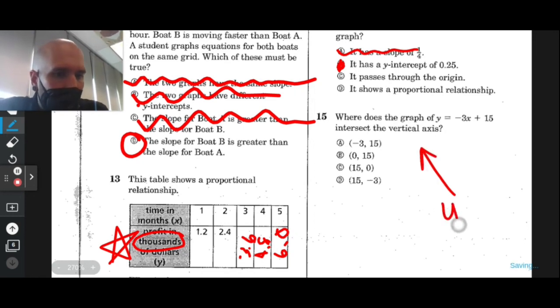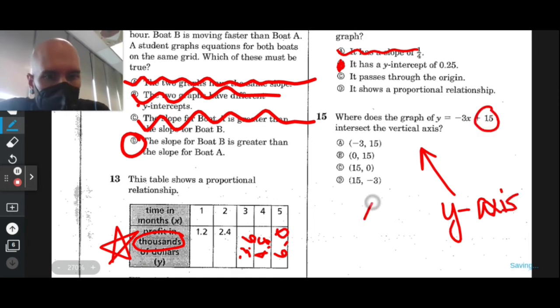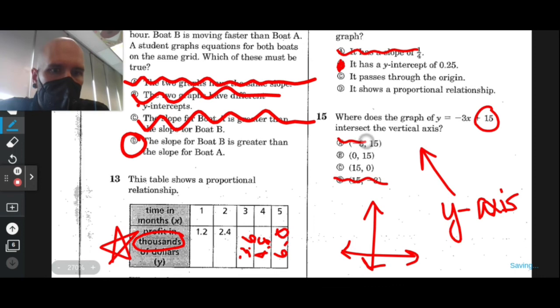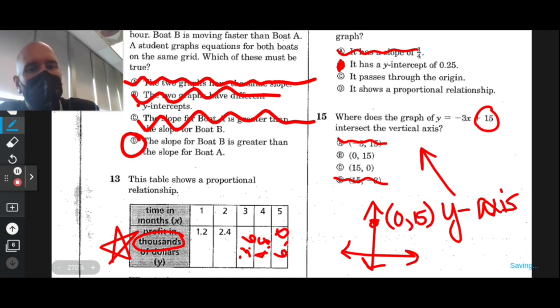So what it's asking is, what is the y-intercept of that guy? And it's 15. One of the things that we have to be careful of, because it's either going to be B or C, is if it's 15, that point is 0, 15, because you don't move left or right and you move up 15.